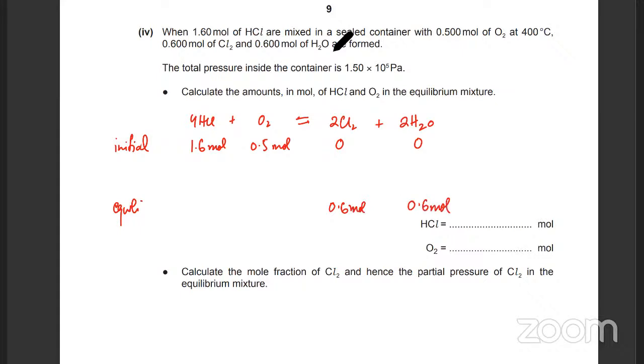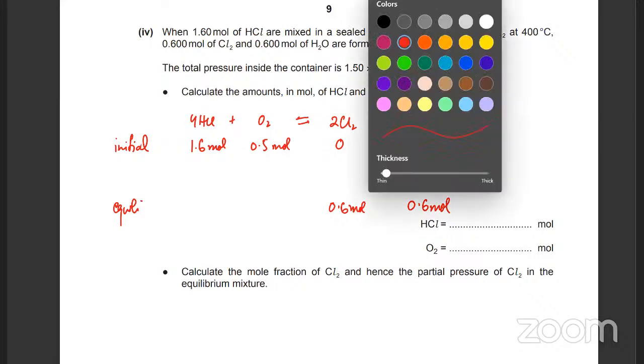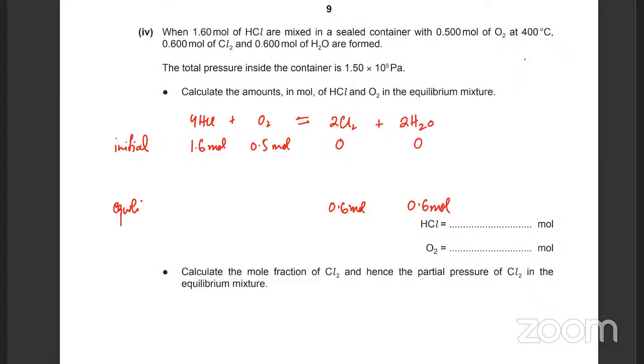Now to make 0.6 moles, that means 0.6 got produced, right? And 0.6 of this also got produced. Now to produce 0.6, how much of O2 must have reacted? Okay, what's the ratio? To make 2, you need 1, right? Half of it.